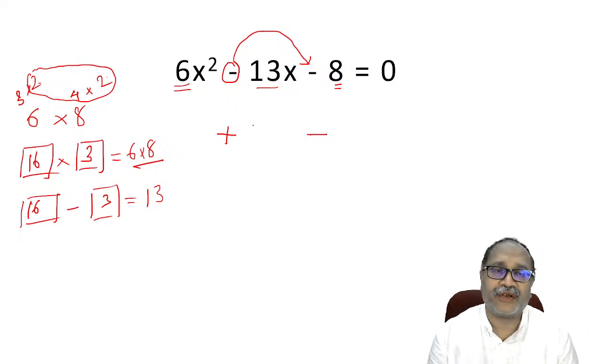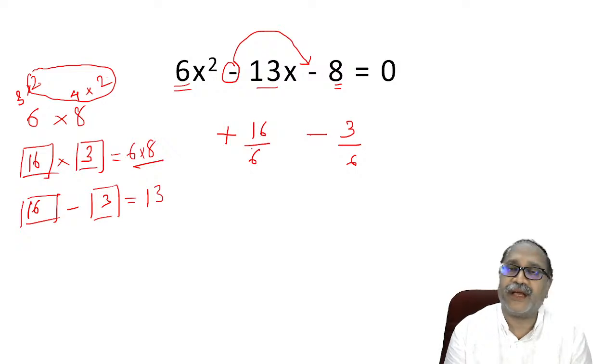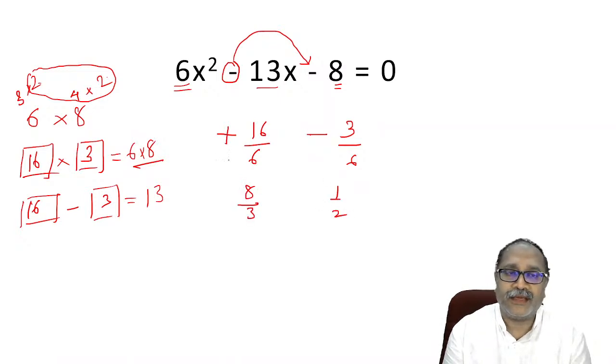So beautifully you worked it out. Write down the bigger number over here and the smaller number over here and divide by 6. Everyone has already answered it. Divided by 6, you get this value, 8 by 3, and here you get 1 by 2, and here it's plus and here it is minus.